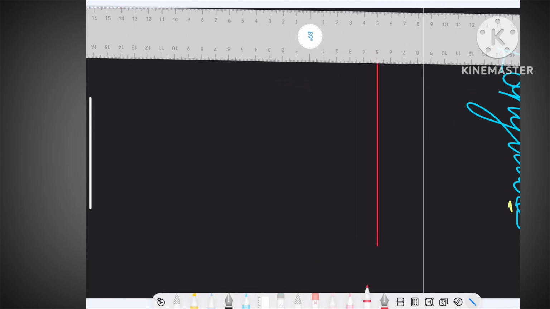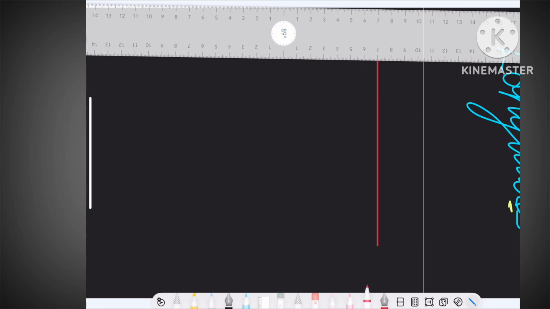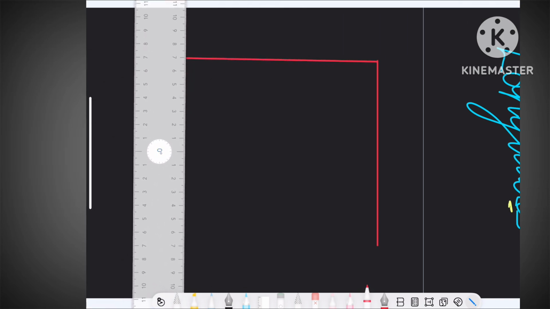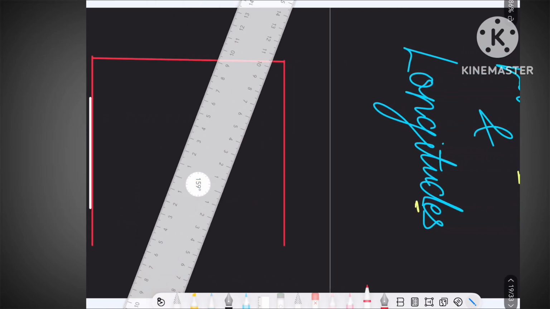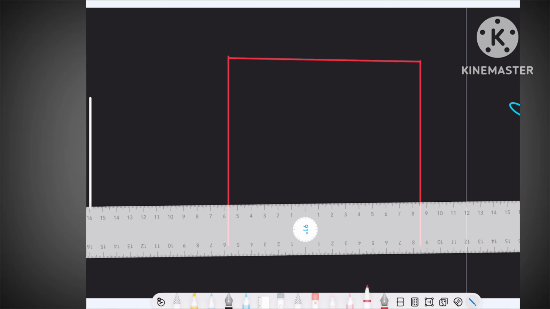Again, I'm making a square. It comes from here, it comes here. Then again a 7 centimeter line, and I have to join these two lines with 14 centimeters.